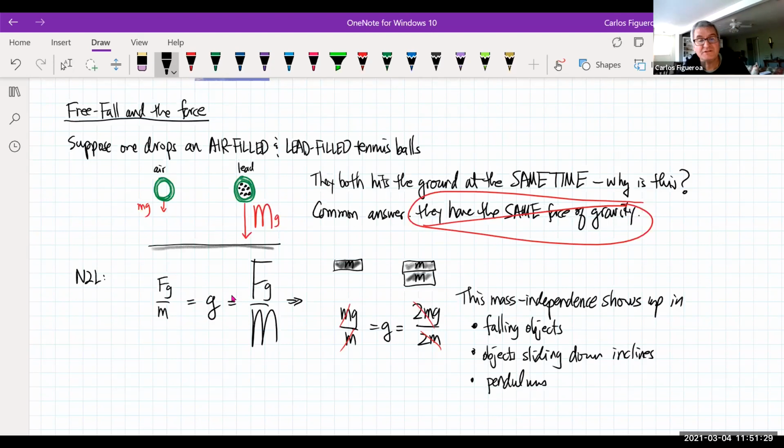Different mass objects have that. They're independent of mass, which is phenomenal.